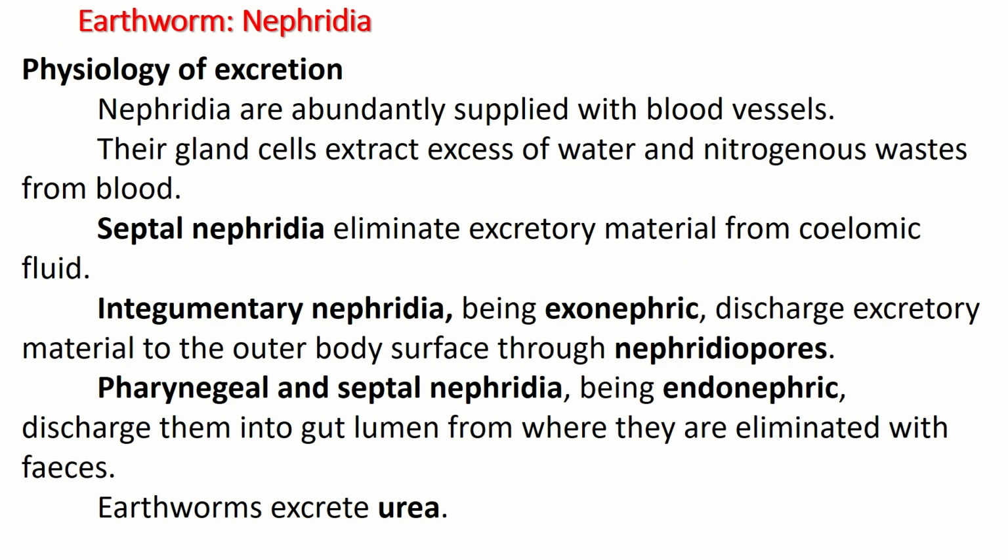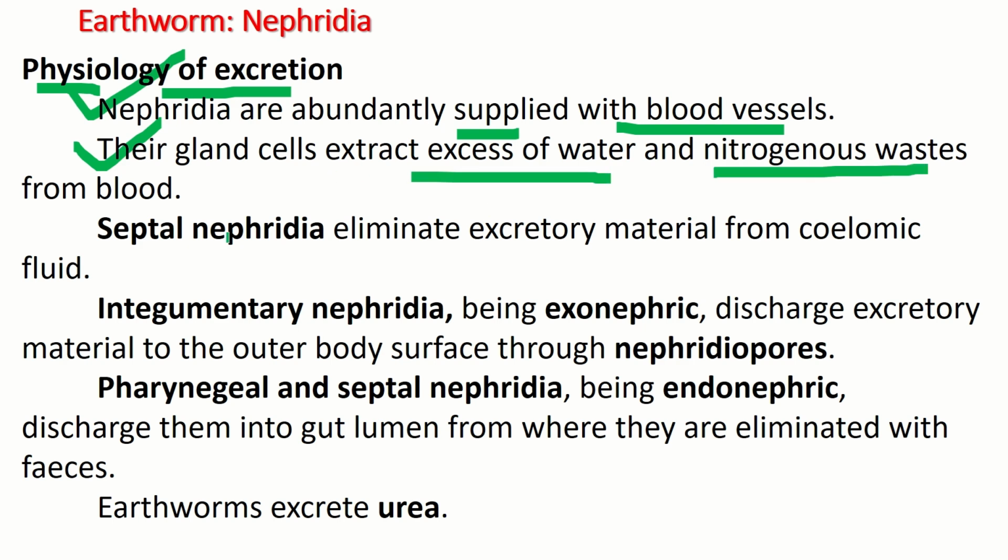Then how excretion takes place, that is, the physiology of excretion. The nephridia are abundantly supplied with blood vessels. Their gland cells extract excess water and nitrogenous waste from the blood. Septal nephridia eliminate excretory material from the coelomic fluid.